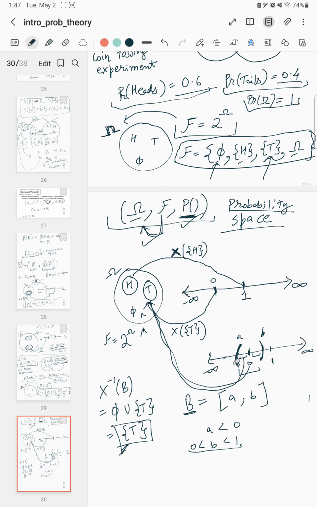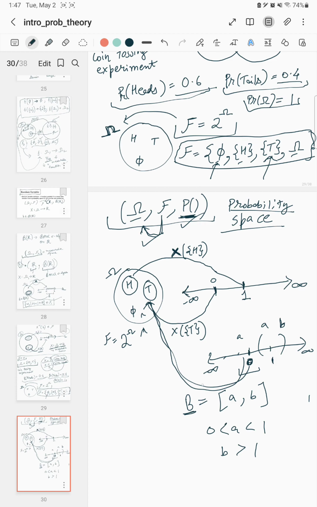Similarly, you can take another interval where this is 0, this is 1. We take a Borel set here, a and b, such that a is between 0 and 1 and b is greater than 1. We can see that x inverse of B in this case would be, so we know that x inverse of the set 1 from the real number line is heads, and all the rest of the real numbers would point towards the null set.